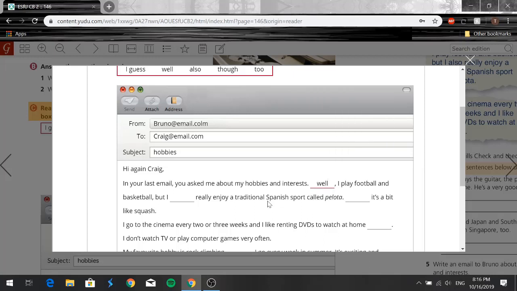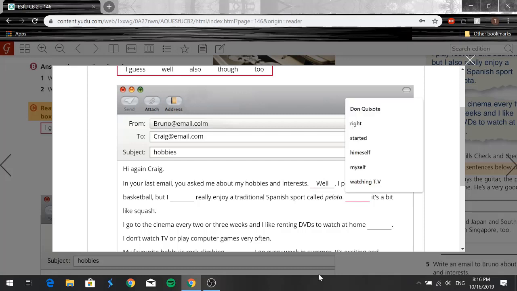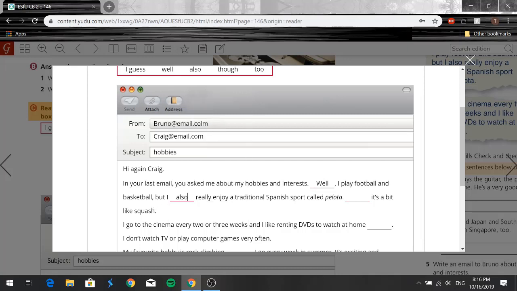Actually, let me write that in capital. So, well, I play football and basketball. But I also really enjoy a traditional Spanish sport called pelota. Dash, it's a bit like squash.